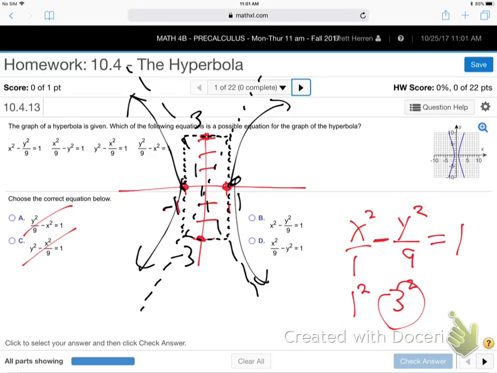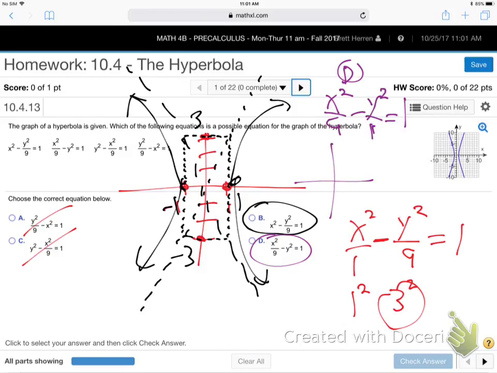The other one is going to be B, because you can see these branches are real tall, right? If you did D, we know it's not D because that would be x squared over 9 minus y squared over 1 equals 1.